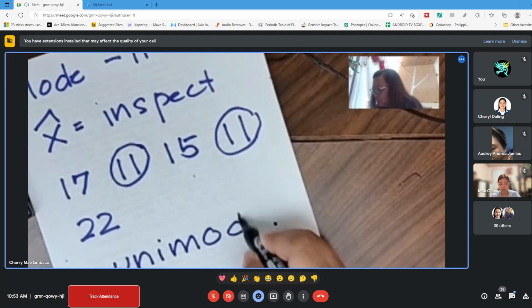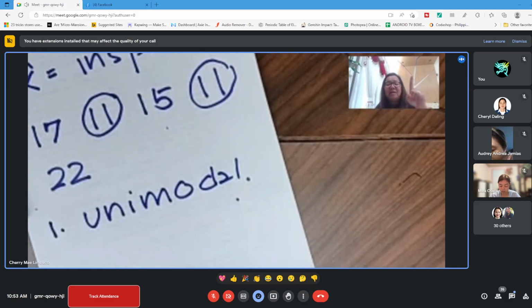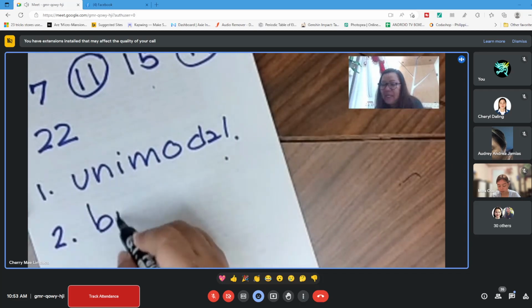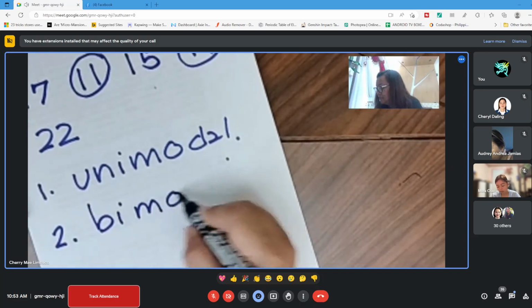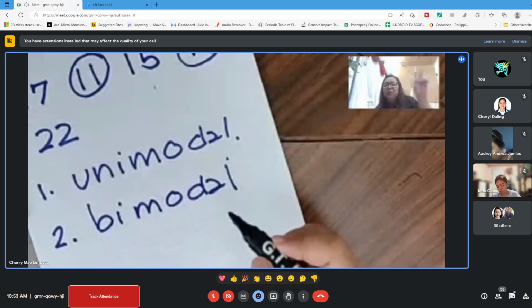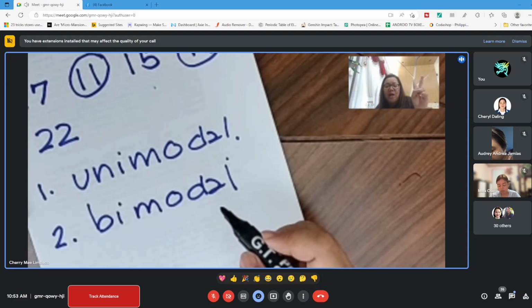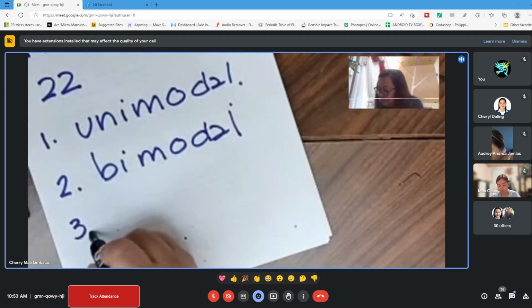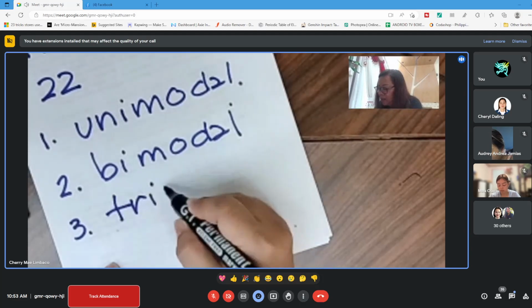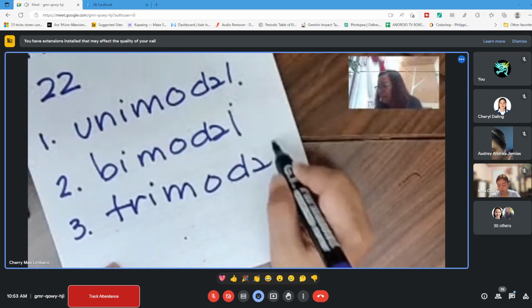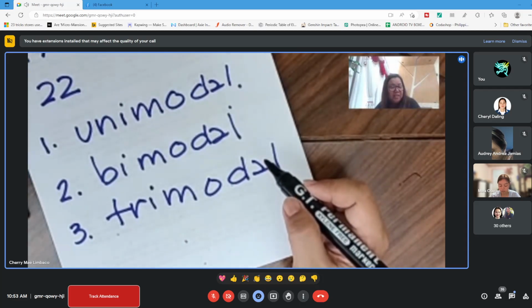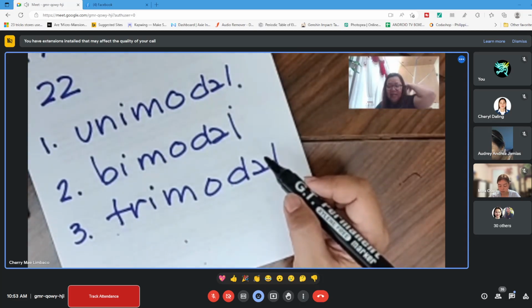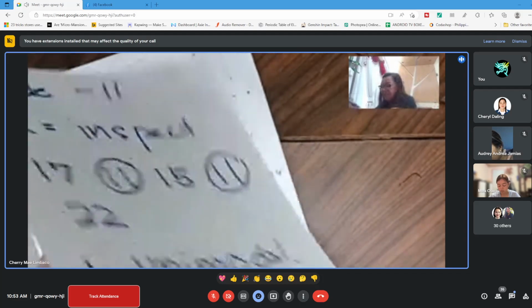Unimodal: when it is unimodal, only one score repeats. Second, you have the bimodal: in the bimodal, two scores repeat. And if you have 3 or more, we call that trimodal. So you have unimodal, bimodal, and trimodal.